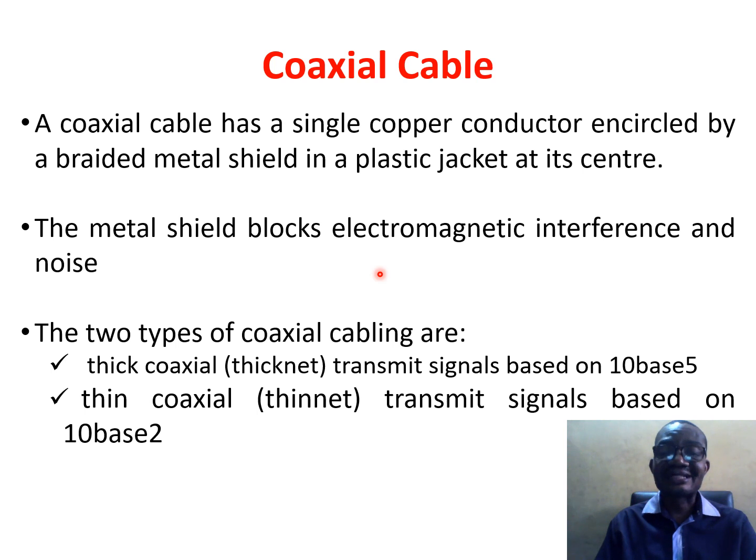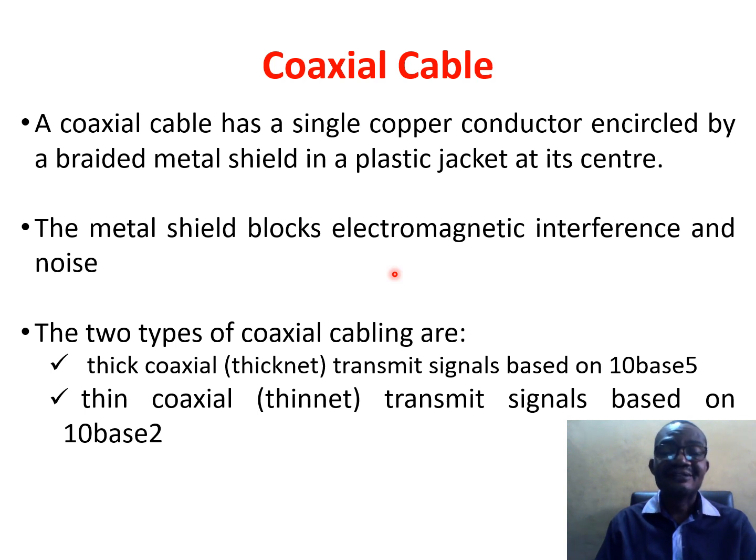For thick coaxial cable, the signals are based on 10Base5, usually at a speed of 10 megabits per second for a maximum distance of 500 meters.